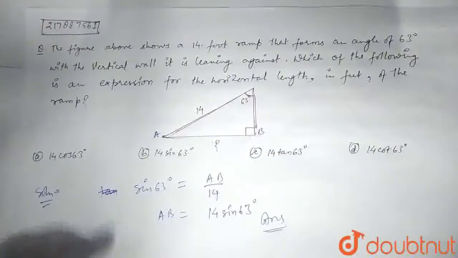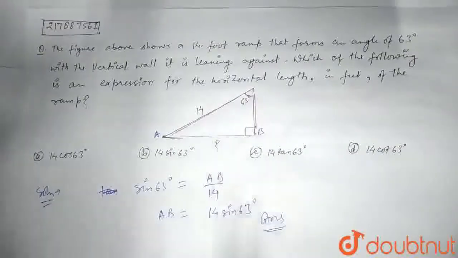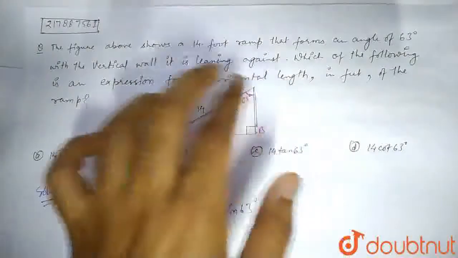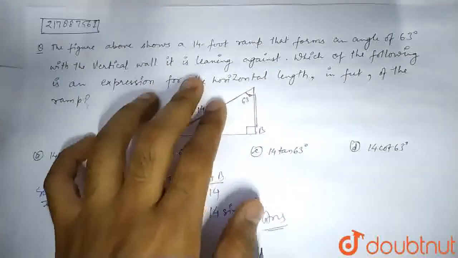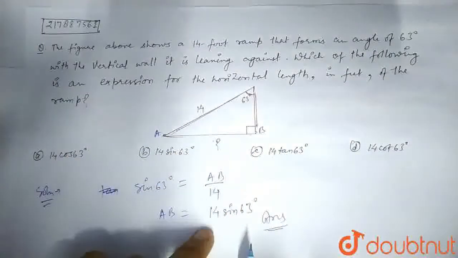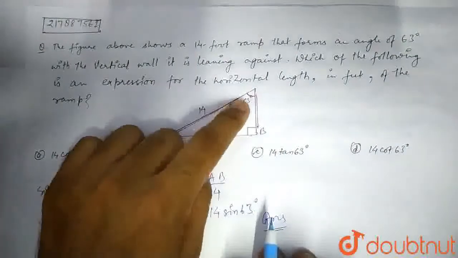Okay, now let me recollect it again. So what did I say in the first position? I'm not redoing the question, I'm just saying what I did in the solution. So I was talking about the angle.